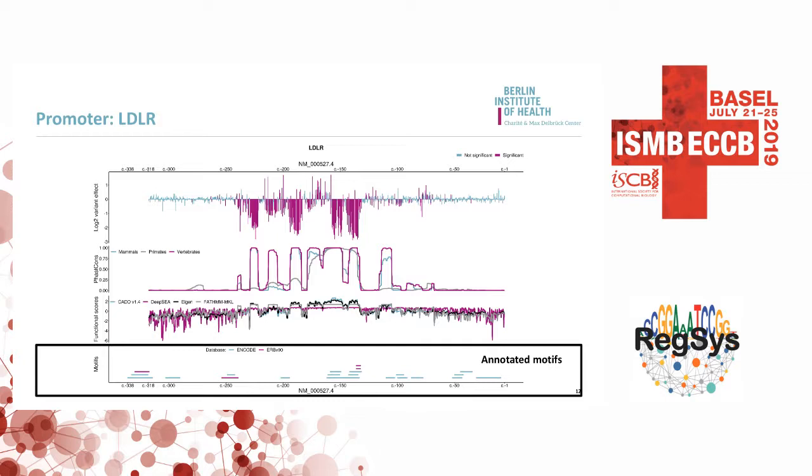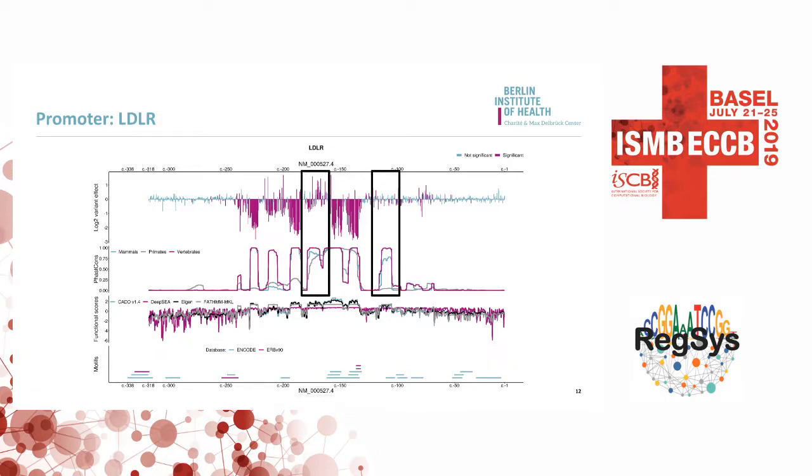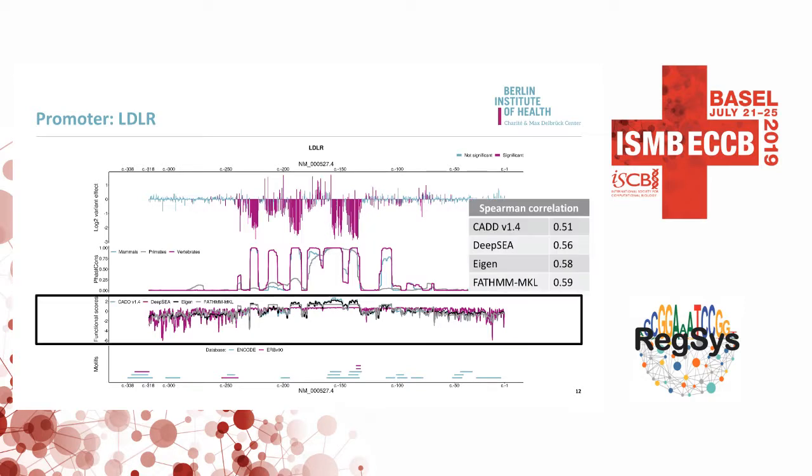What you can see is that in theory for LDLR, conservation aligns pretty well with our transcription factor binding blocks, but not in all cases. For these 2 positions that are marked here, we see no transcriptional changes. There may be a bit in the middle, but there's basically no block that we can see. So it's hard to tell if a conserved element is really important for the regulatory element.